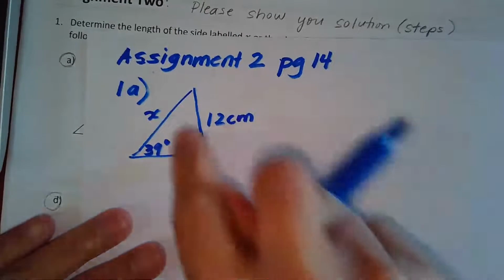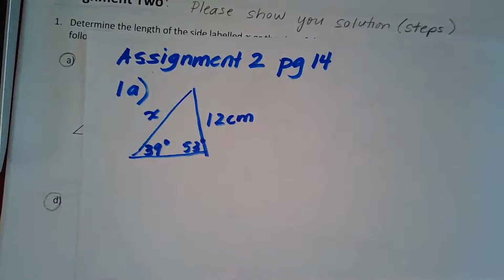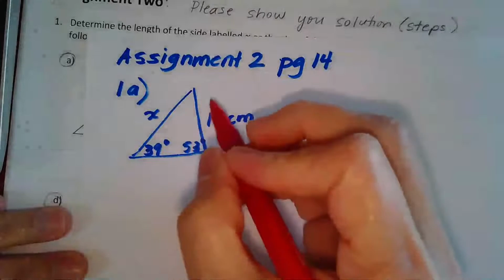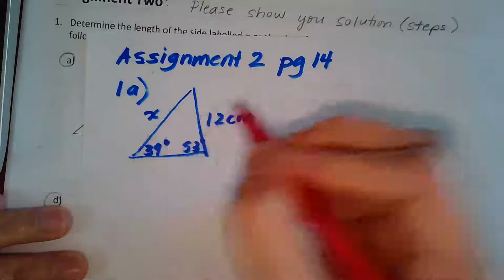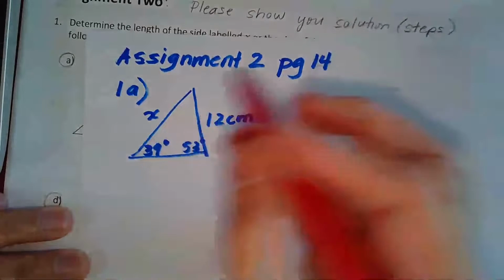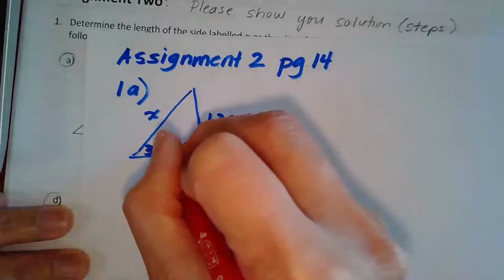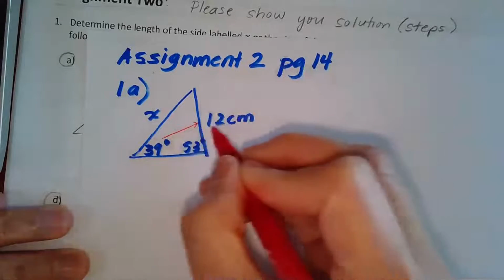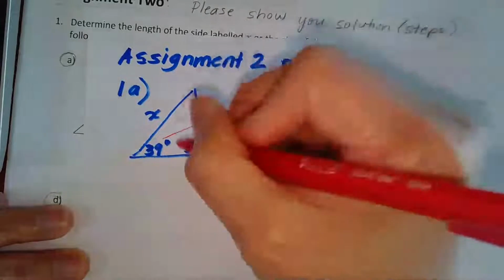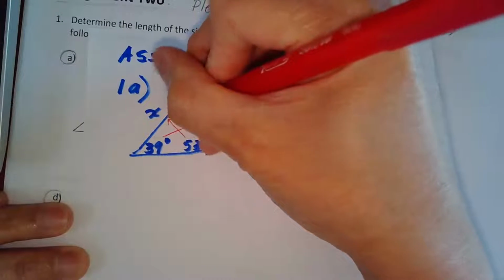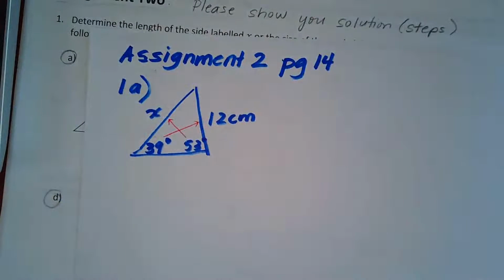Okay, so now that we have this all labeled or drawn, we're actually going to look at the pairings, angle and side pairing. So this angle 39 degrees here is paired up with its opposite side, 12 centimeters. And then this 53-degree angle over here is paired up with this side X, and that's the one that we are trying to solve.